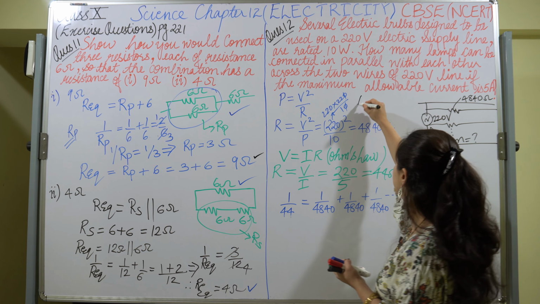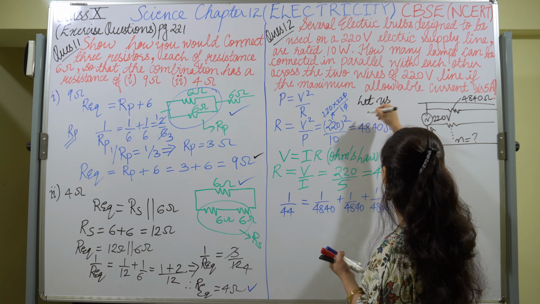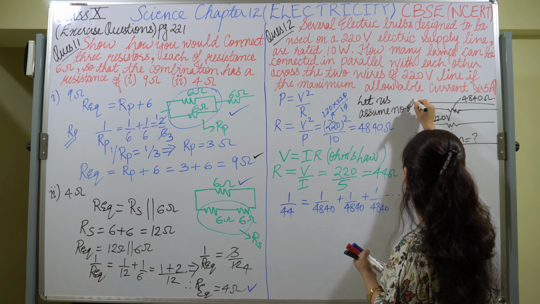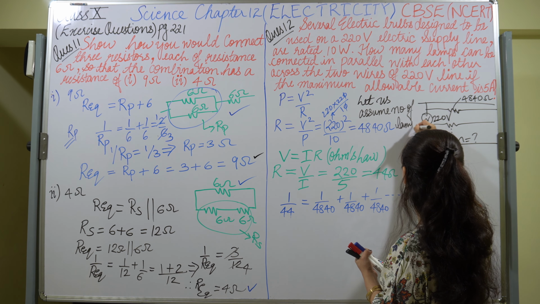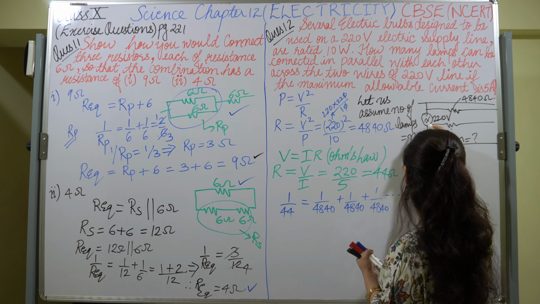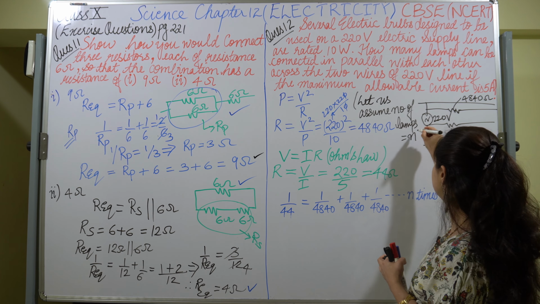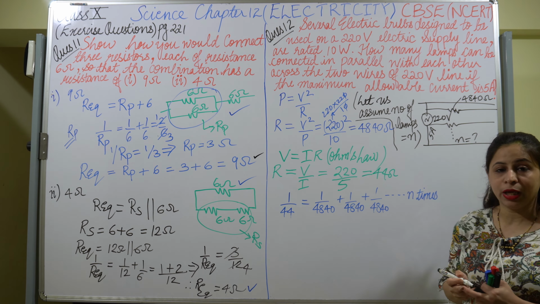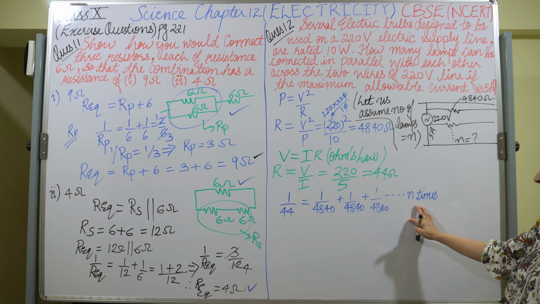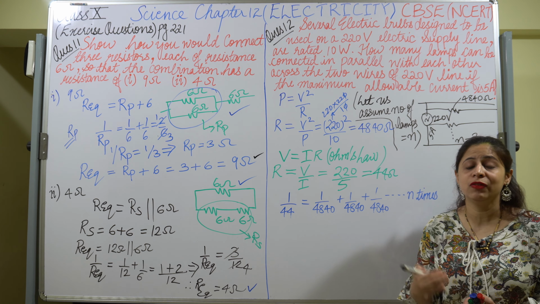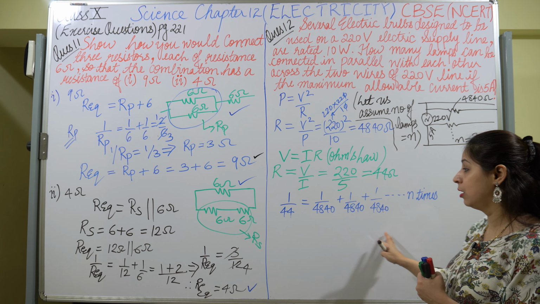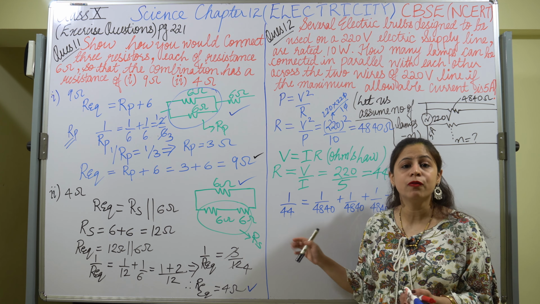Let us assume the number of lamps is equal to n. This n value only we need to find out, so that we get an equivalent of 44.